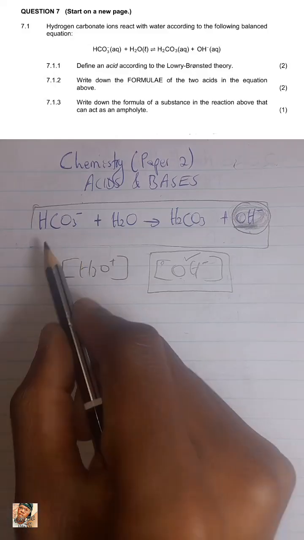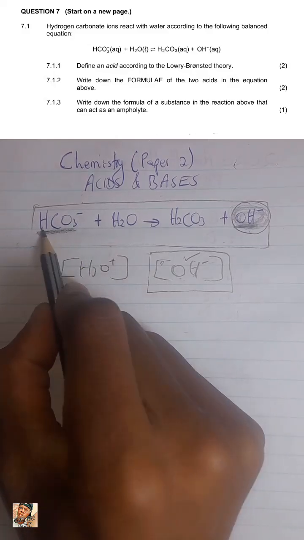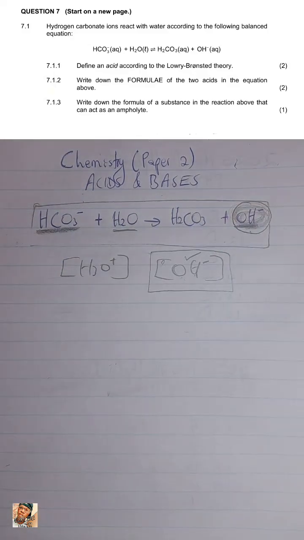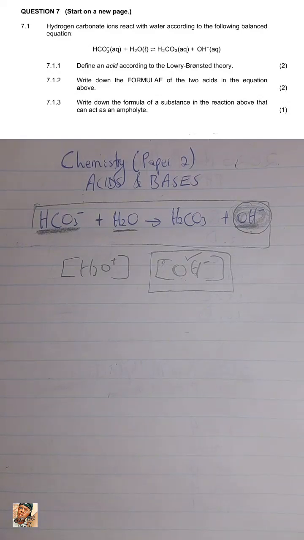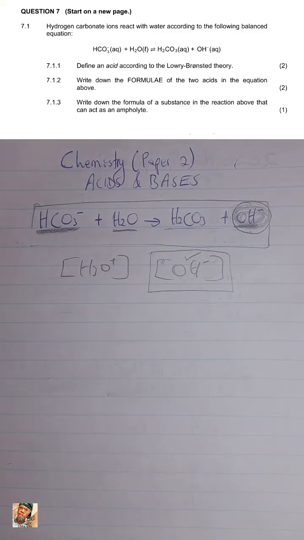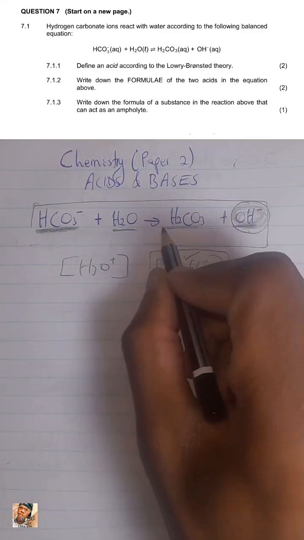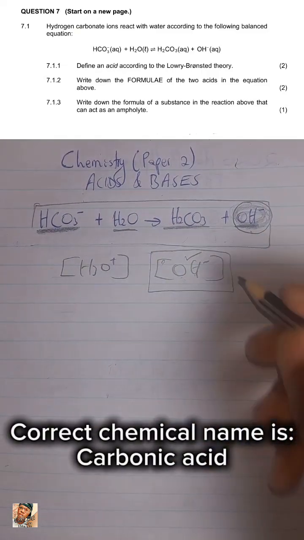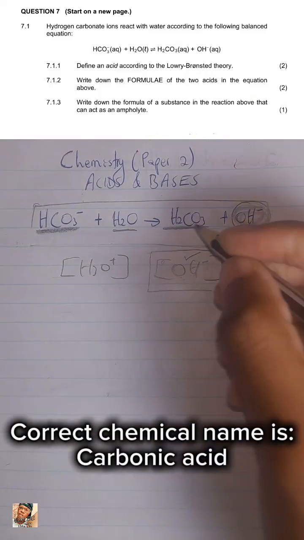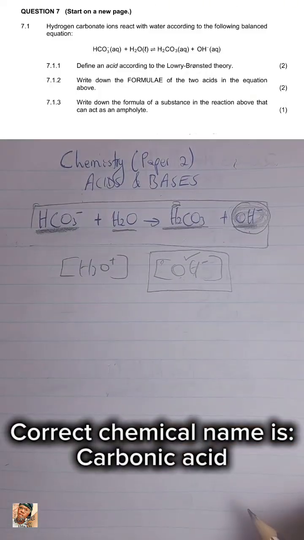So which one between this hydrogen carbonate ion and water has accepted a proton? That means its hydrogen atoms have increased. When you look at the product side, we have the hydrogen carbonate here, right? This hydrogen carbonate has two hydrogens.